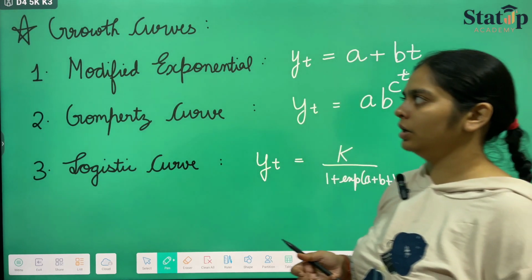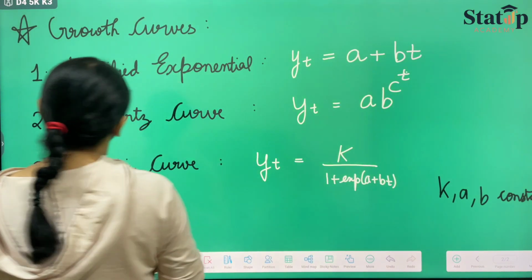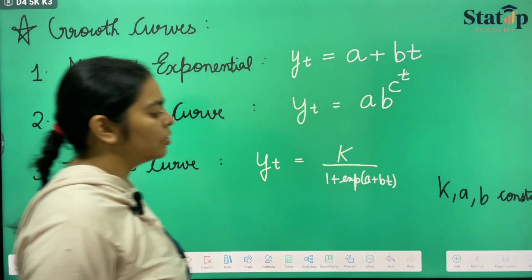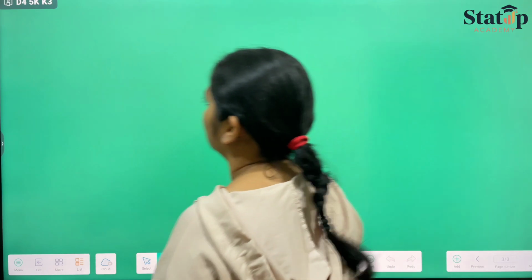So these were the three growth curves. Now we'll do the modified exponential and Gompertz curve today, and we'll do the logistic curve in the next lecture. So moving on to the modified exponential curve.